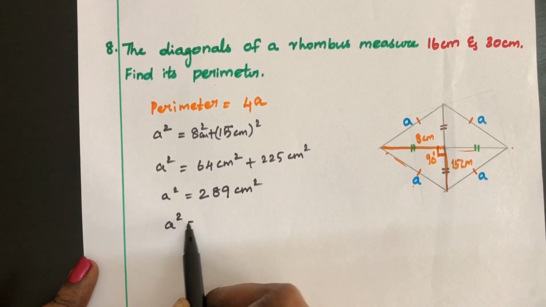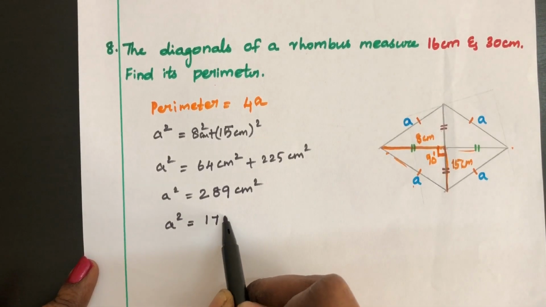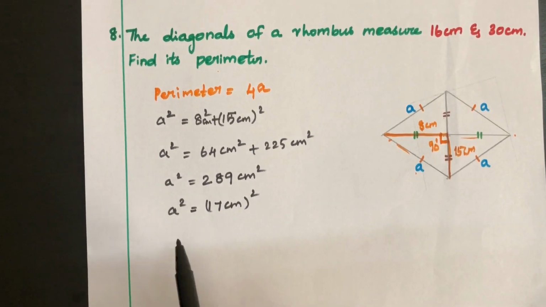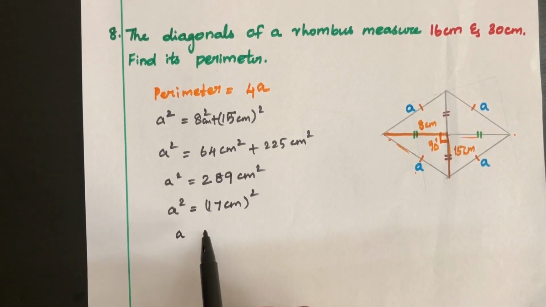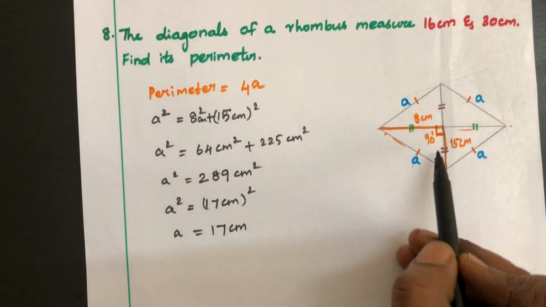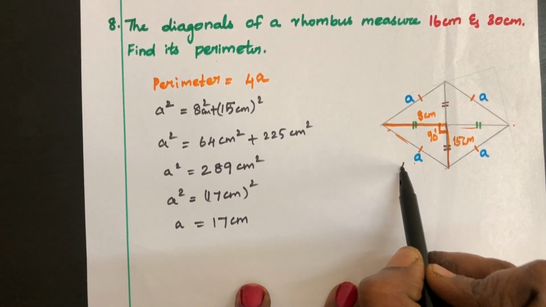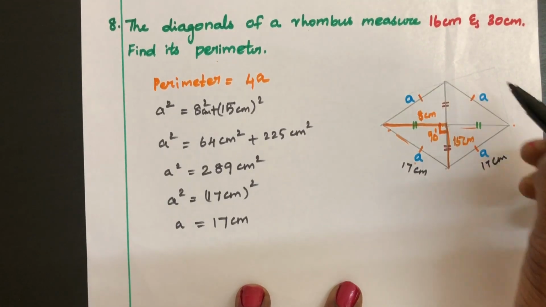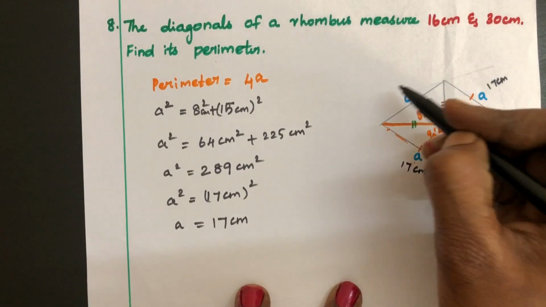This can be written as 17 centimeter the whole square. 17 into 17 is 289. So if we remove squares, A is equal to 17 centimeter. So this A value is 17 centimeter. So all the sides A are 17 centimeter.